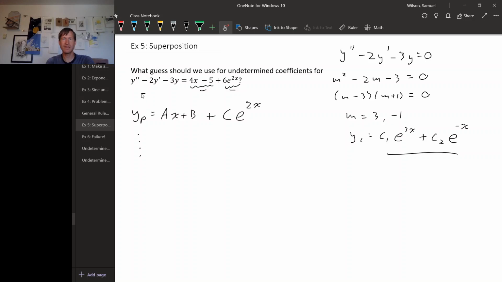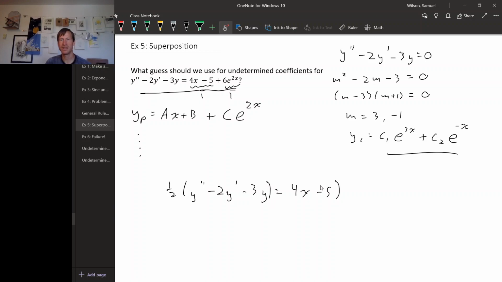Another way to see that this is the right thing is to recognize that this equation is actually the sum of two different inhomogeneous equations, but with separate inhomogeneous pieces. So let me write out what I mean. If we take 1/2 of the left-hand side, so 1/2 y double prime minus 2y prime minus 3y equals, and then just the polynomial piece, 4x minus 5.